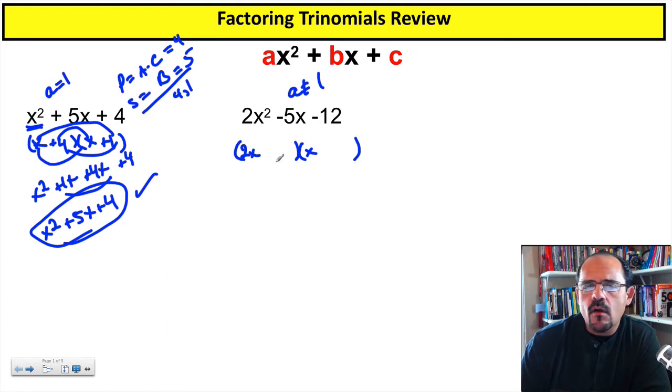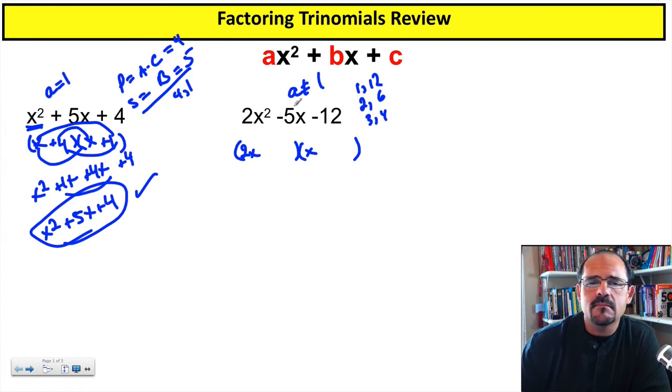Now you're halfway there. All you have to do is guess and check this one in your head. So you know the numbers here and here, the two second terms in the binomials, are going to multiply to give you the third term here. So you've only got a few choices. You've got positive or negative 1 and 12, positive or negative 2 and 6, positive or negative 3 and 4.